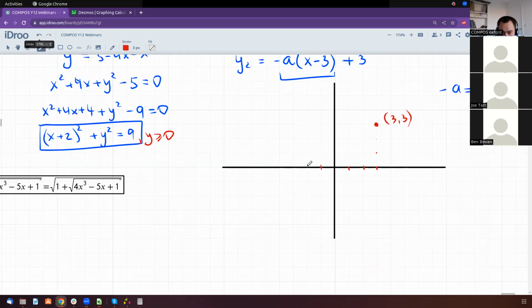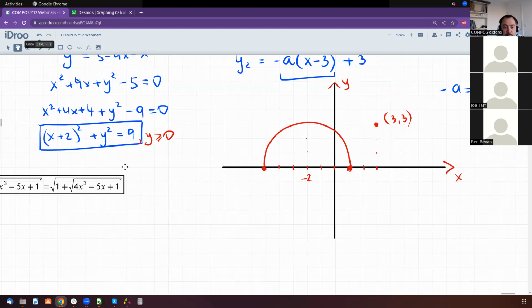And it has a radius 3. And y has to be positive, so y cannot dip into the negative side. So it's going to go like this. So this is it. X, and this is y.